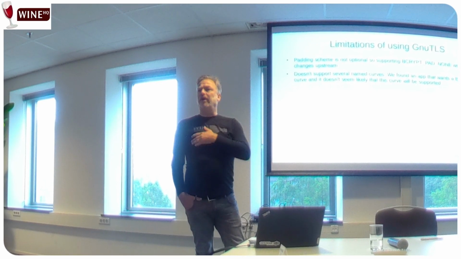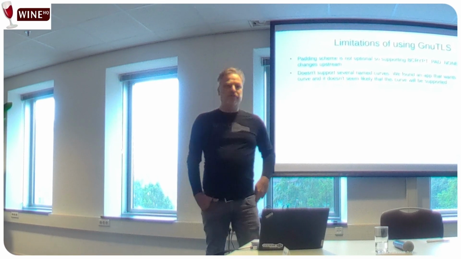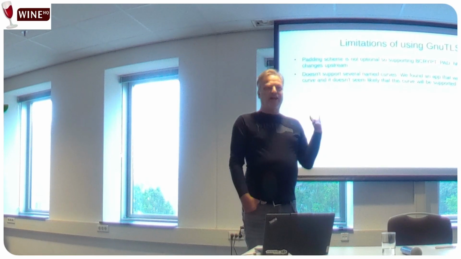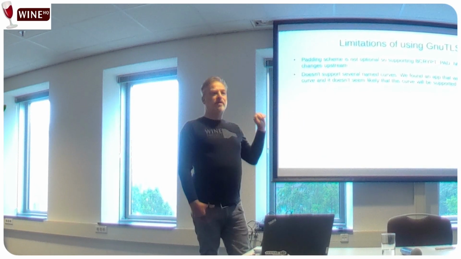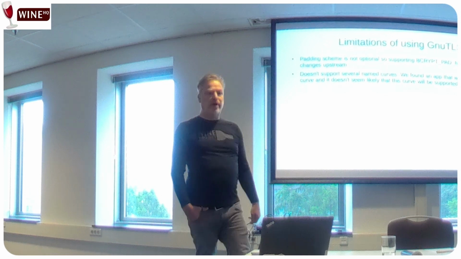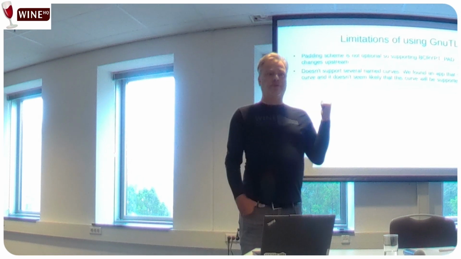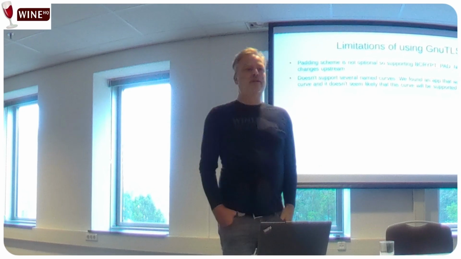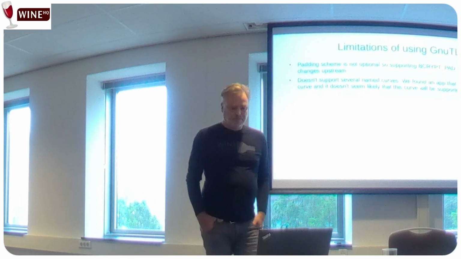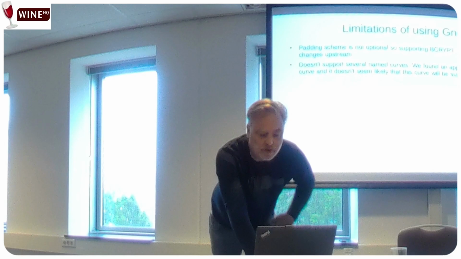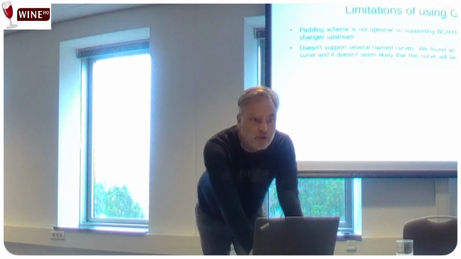I think Nikolai bumped into that. And I don't think it's likely that support for this would be accepted by GnuTLS. It's old. It's like 2010. So that would be more challenging to support through GnuTLS.